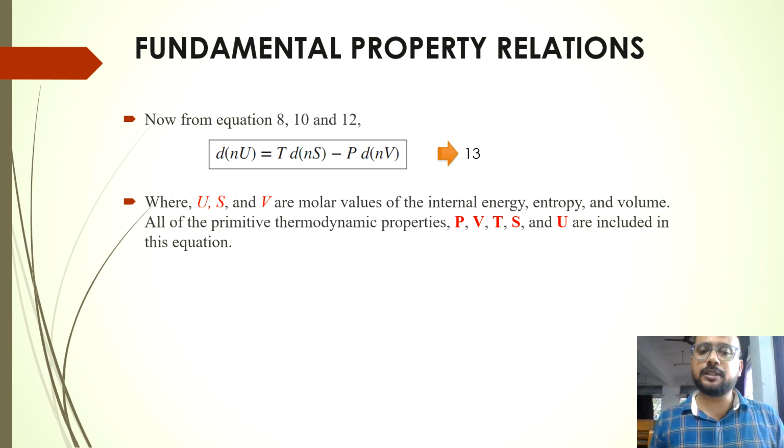All of the primitive thermodynamic properties P, V, T, S, U are included in this equation. That's why this is known as the fundamental property relation, or fundamental property equation.